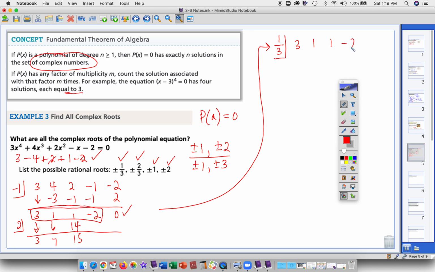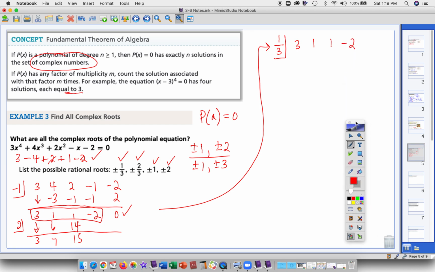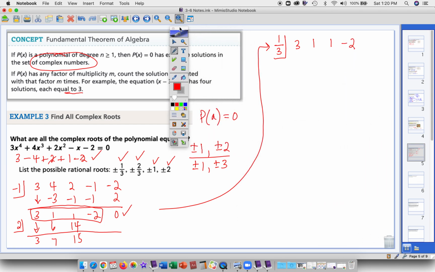So don't go back to the original, or you'll never get it down to a quadratic. Okay, so a 3rd of 3 is 1. 2, a 3rd of 2 is 2/3. That gives me 2/3, and 3/3 is 5/3. Nope, that's not going to work.